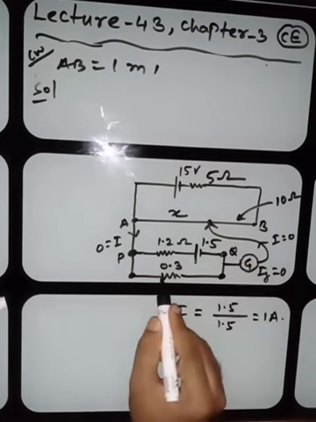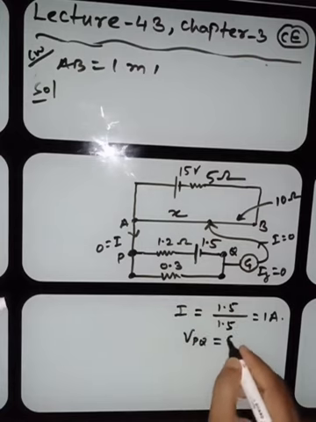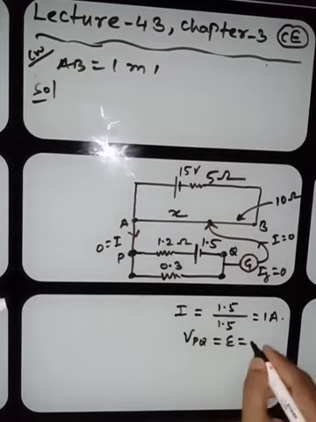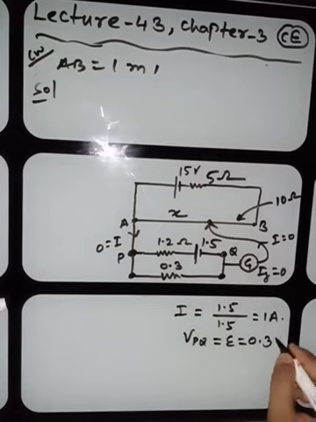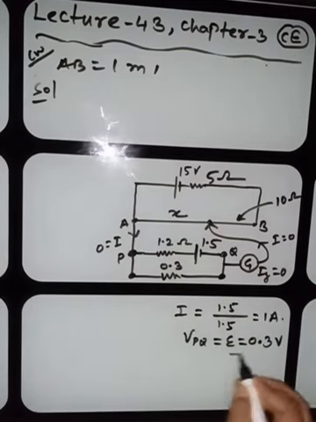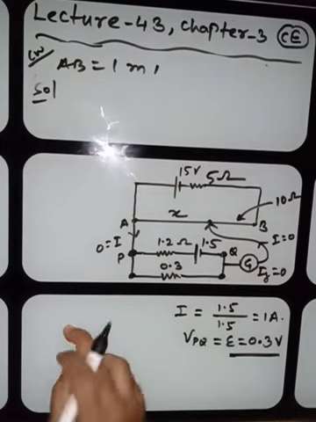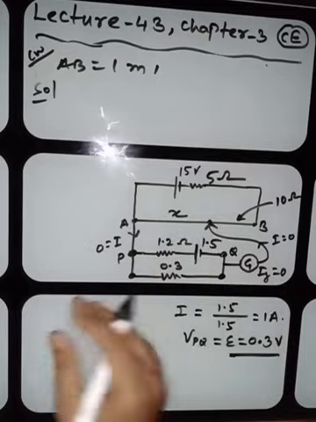The current is 1 ampere, so V_PQ, which is E, is equal to 0.3 volt, multiplying 1 with 0.3. So first we have calculated E. The rest is the very same as we have solved before.